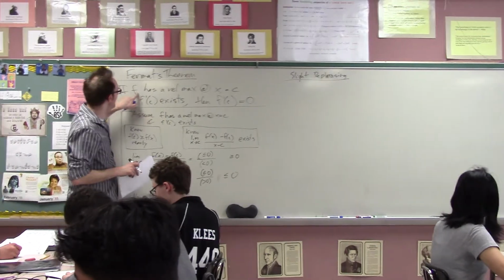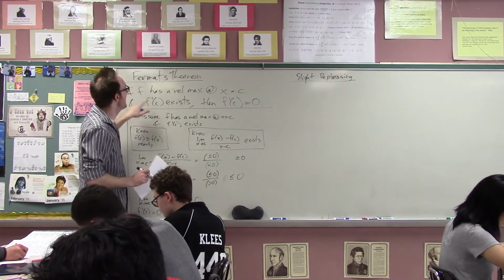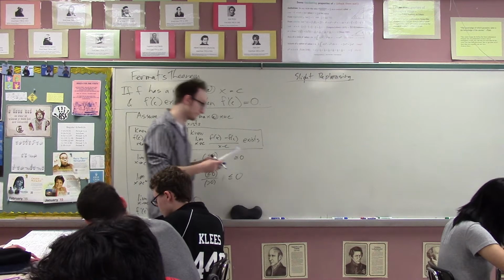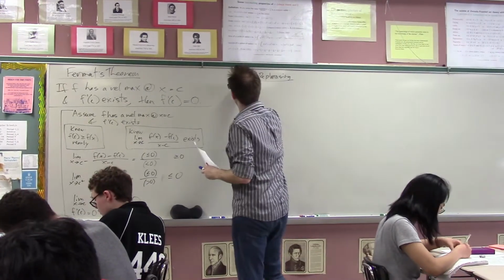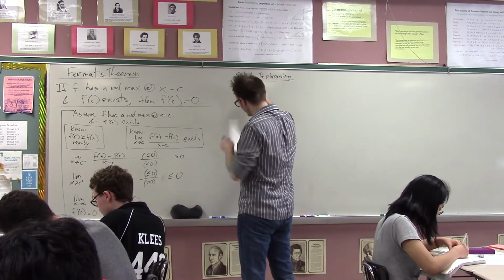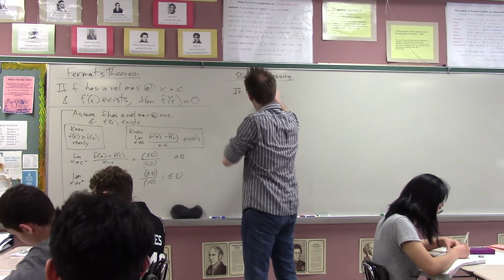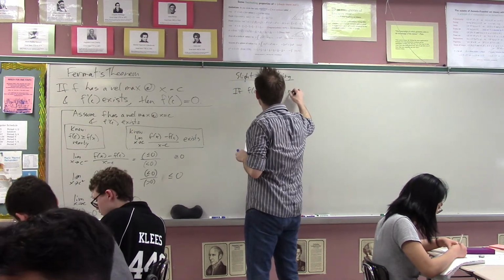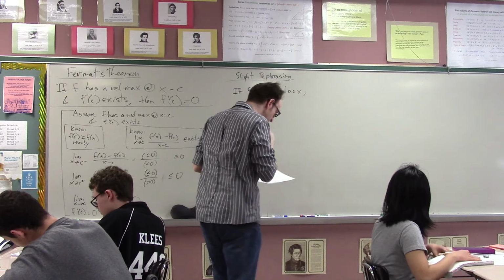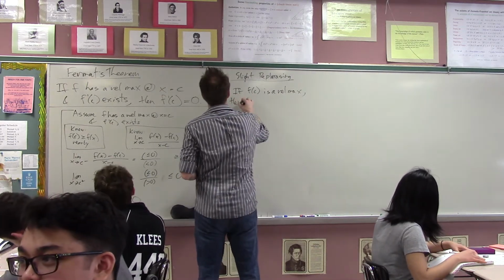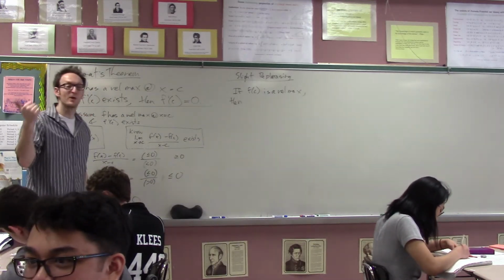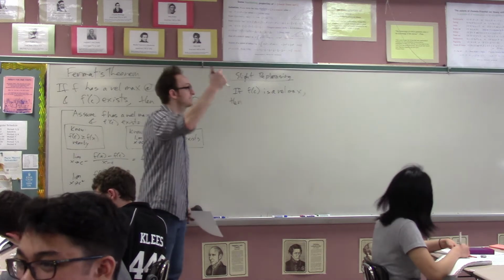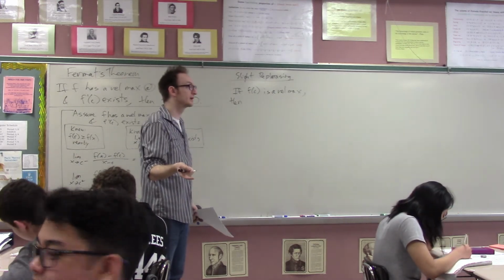Fermat's theorem says if f has a relative max at x equals c and the derivative exists, then the derivative is 0. What we could rephrase it as: if f of c is a relative max, then, well, what do we know? We either know that the derivative exists there or it doesn't.